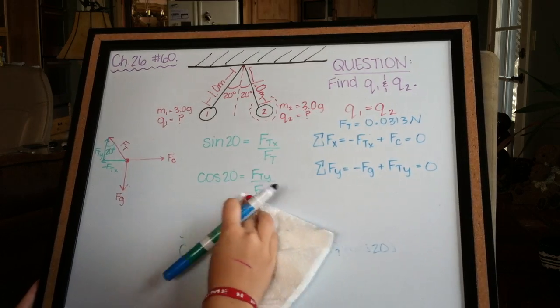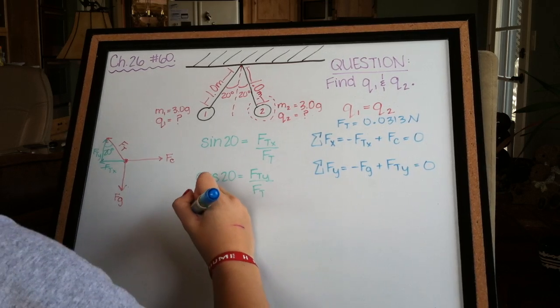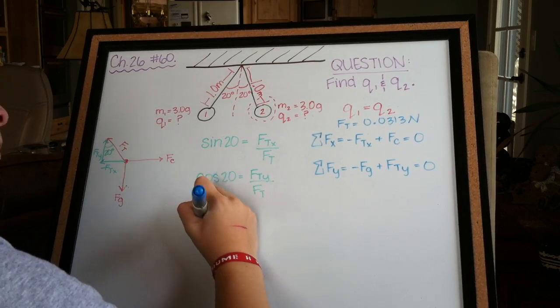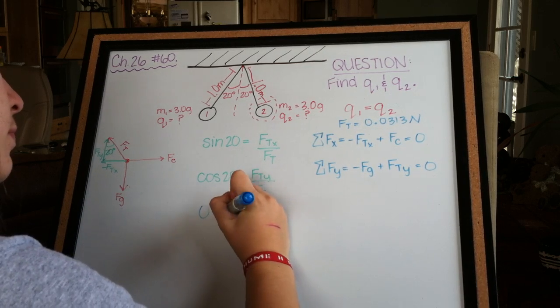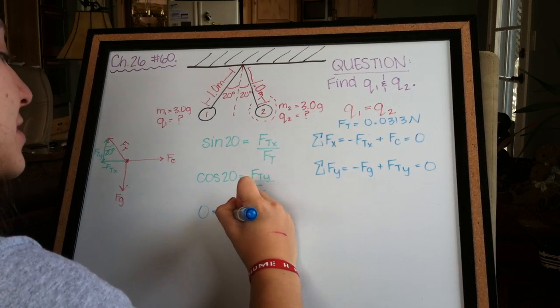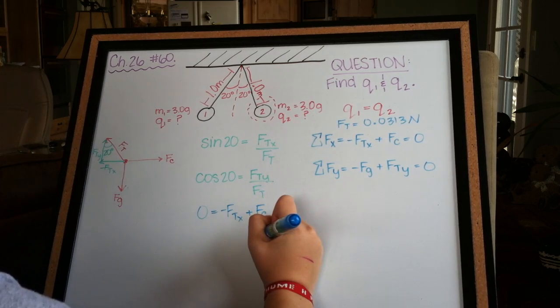So now I'm going to go to this one. So sum of the forces in the x. 0 equals negative Ft in the x plus Fc.